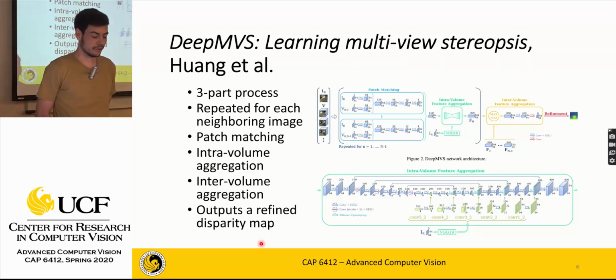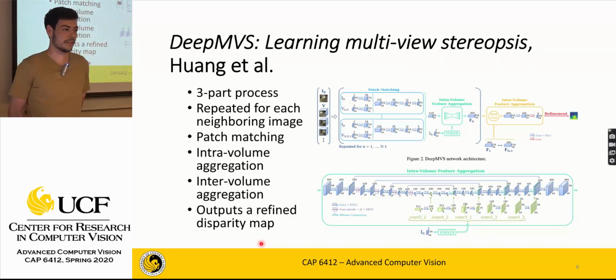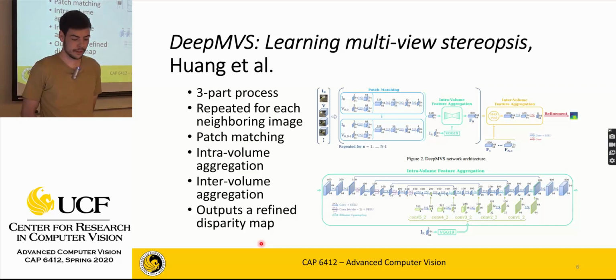The next part is an intra-volume aggregation, which takes the features from these different patches and aggregates them into one common feature map. From there, the features can then be aggregated into a single inter-volume aggregation, which gives a total summary of the image depths within the input image. The output is a disparity map, which is just a map that describes the different depths within the image.